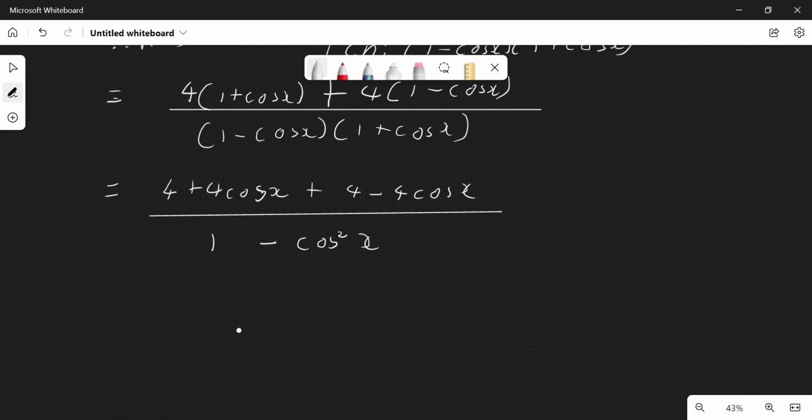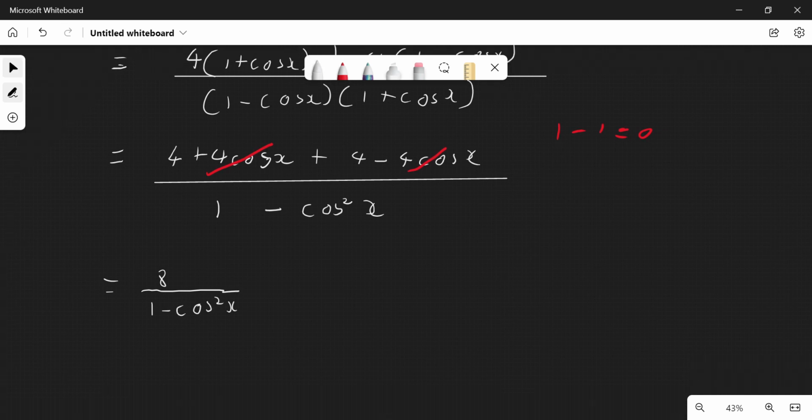Okay, so what's happening at the top? 4 plus 4 is 8. And then we have 4 cos x minus 4 cos x, so these cancel out, because 1 minus 1 is 0. So we have 8 on its own at the top, over 1 minus cos squared x.